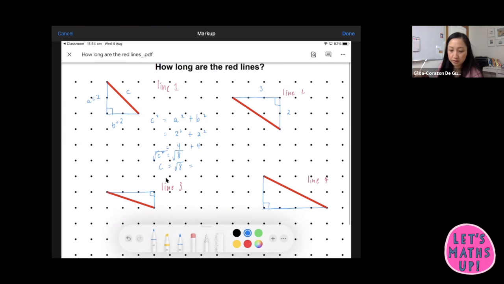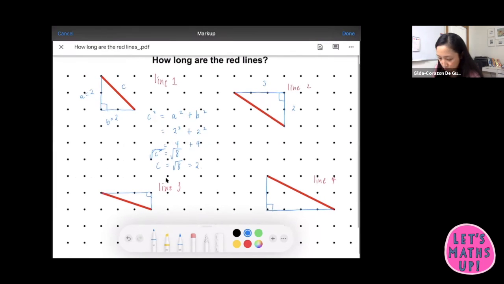The critical number, the next digit, is 8. So you add 1 when it's 5 or more. So you get 2.83 units.